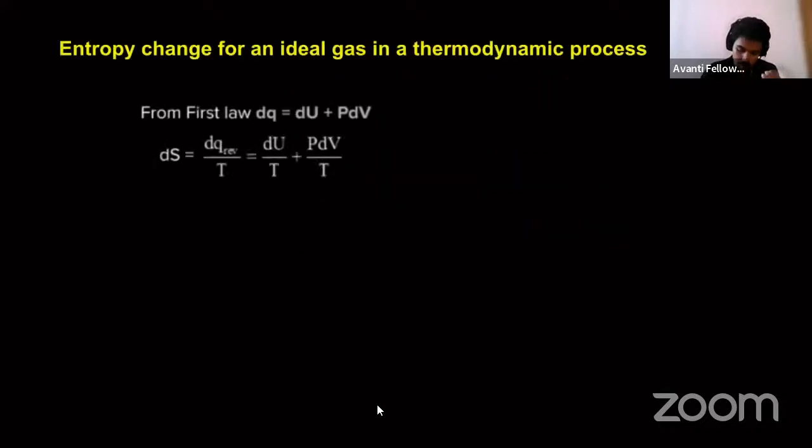Now first, let's see entropy change for an ideal gas in a thermodynamic process. From the first law, you have seen that dq is equal to du plus pdv, where dw is nothing but the work done, pdv. We just substituted that part here.